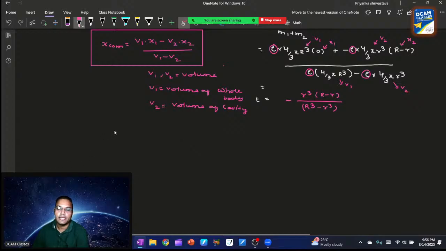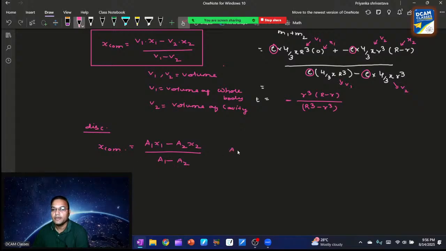And if we take areas, a disk type, you can use X center of mass equals A1 x1 minus A2 x2 divided by A1 minus A2, where A1 is the area of the whole solid body and A2 is the area of the cavity.